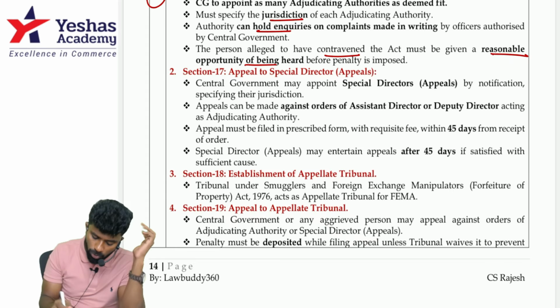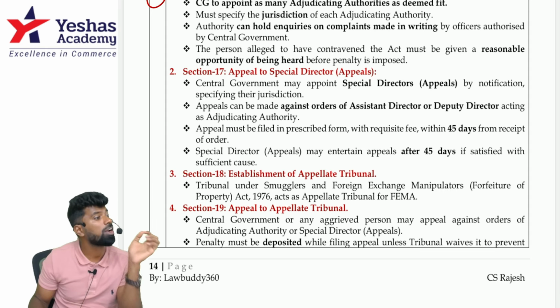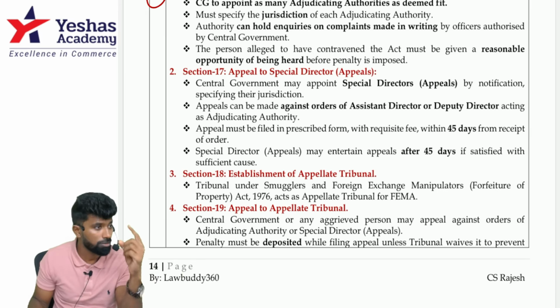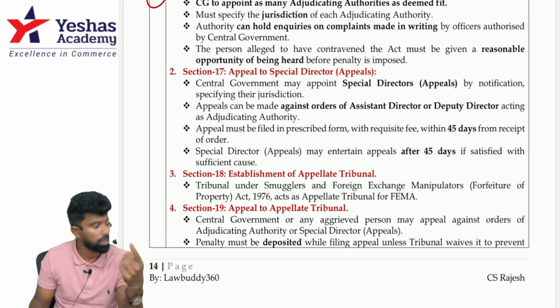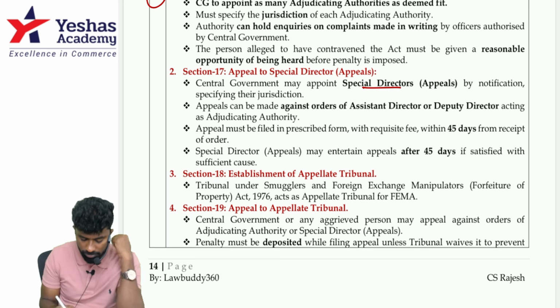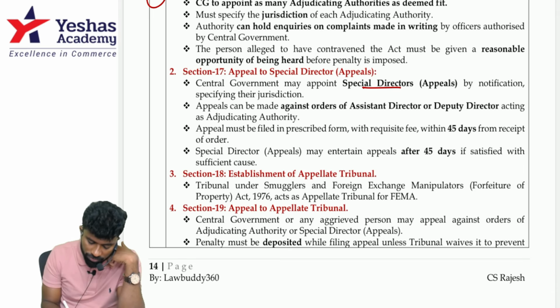Next one, appeal to whom? Special directors. Against the order of the AA, where can you go for an appeal? Special directors. Who can appoint special directors? By notification made in the official gazette.